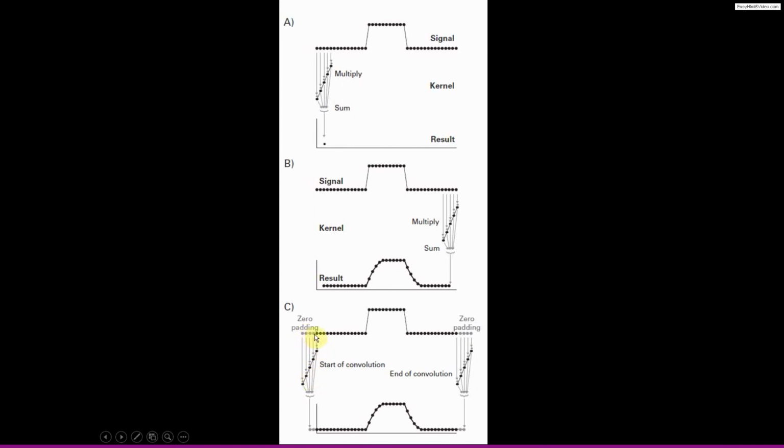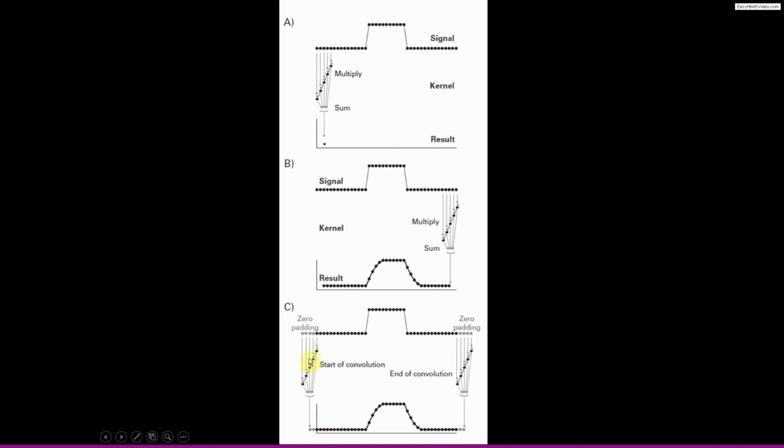So we add to the beginning of the signal however many zeros we need in order to define a valid dot product between the convolution kernel and the data when the rightmost point of the convolution kernel is aligned with the leftmost point of the data. Sometimes this is easier just to see how it works than it is to explain it verbally.